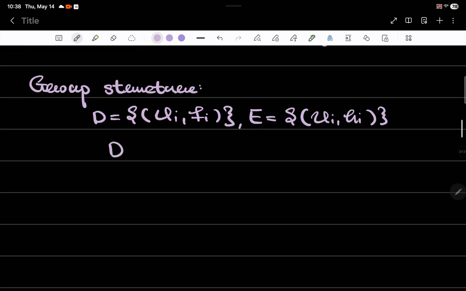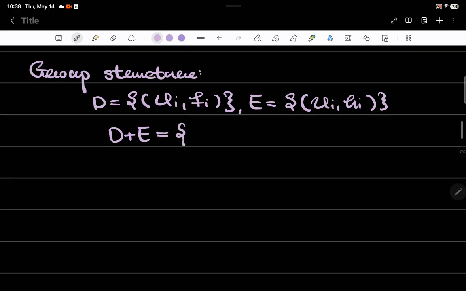Then I can assume they have the same open cover because I can just pass to a mutual refinement. D plus E is defined to be the data where I take as the open cover the common one, and the local rational equations are given by f_i times h_i.